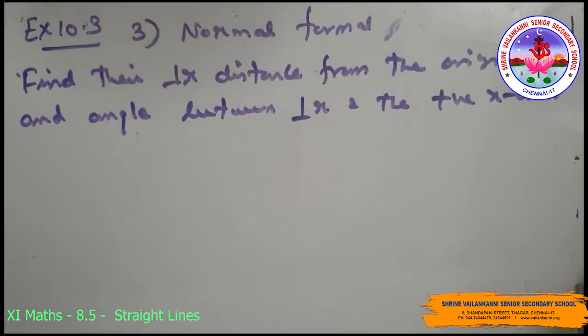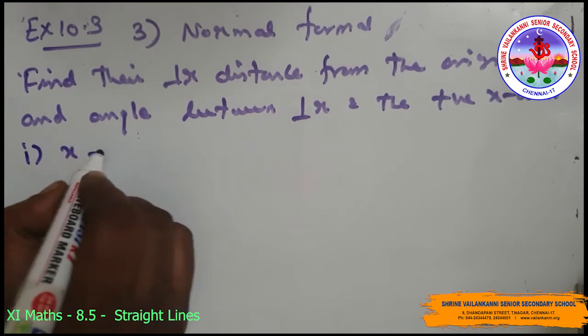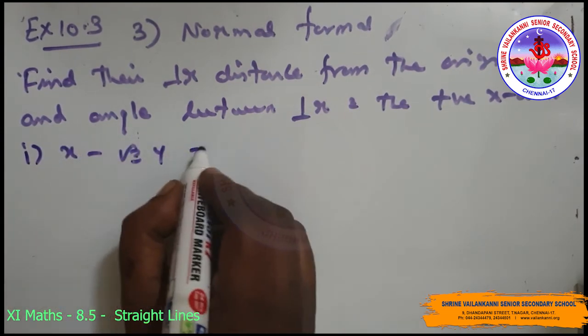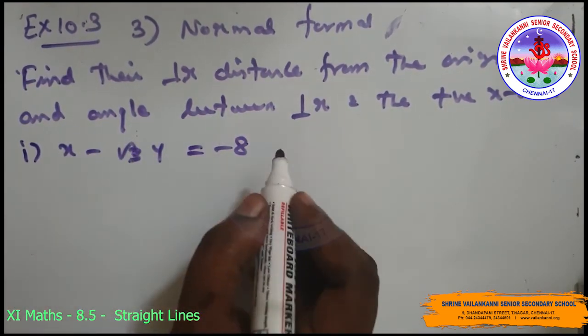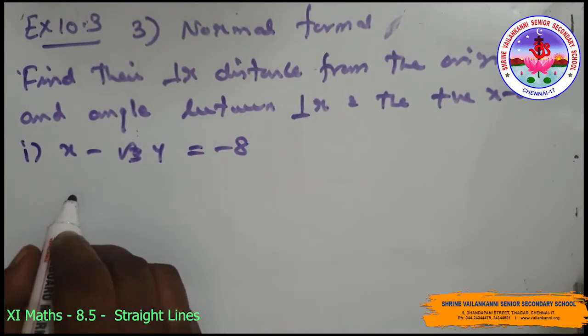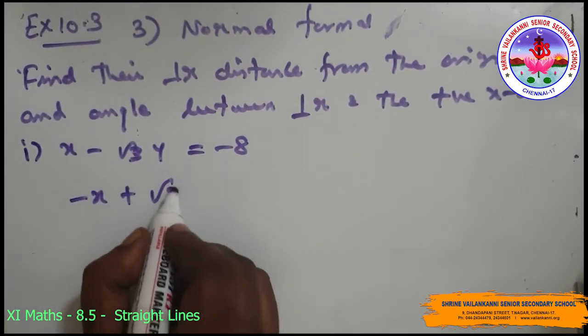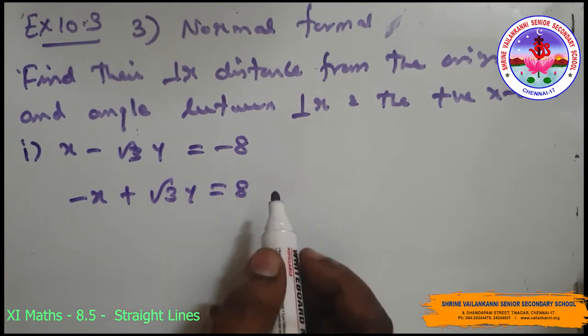Third question. Reduce the following equations into normal form. Find the perpendicular distance from the origin and the angle between the perpendicular and the positive x-axis. The first subdivision is x - root 3 y = -8. We get -x + root 3 y = 8.